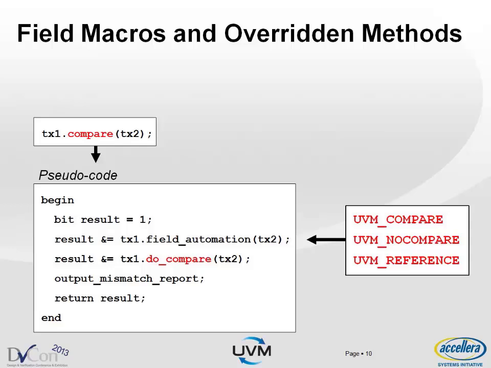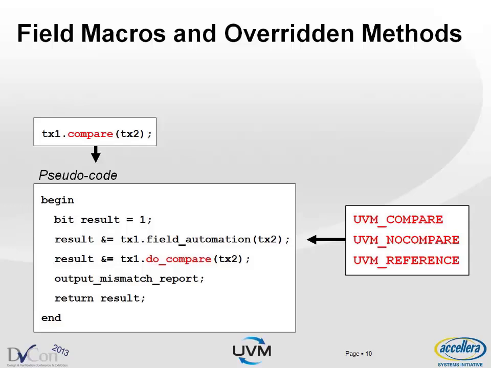Well, here's what happens. Suppose we compare two transactions. This is a bit of pseudocode for what the implementation of compare actually does. The implementation of compare, first of all, shoots off and executes all of the code that was generated by those field macros. So it does all the automatic stuff, taking into account the flags that you set, compare or no compare. Then it calls your do_compare method that you may choose to override.